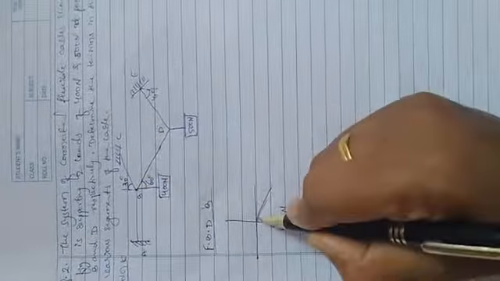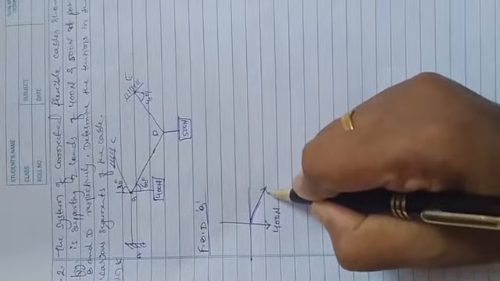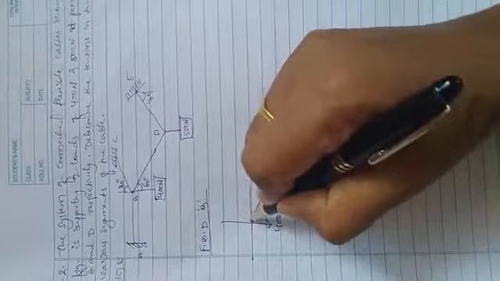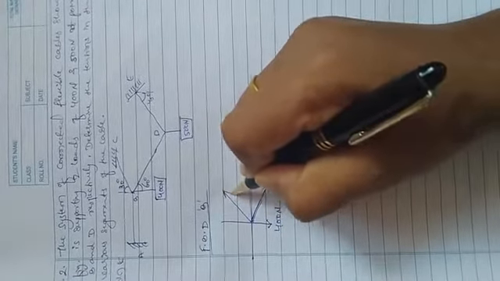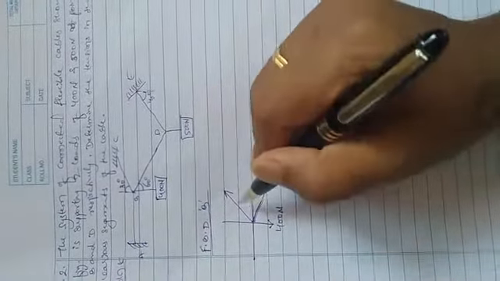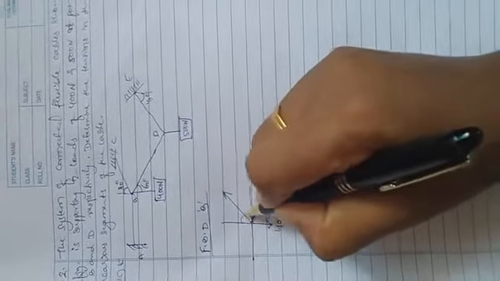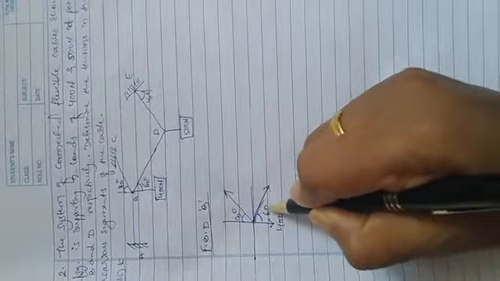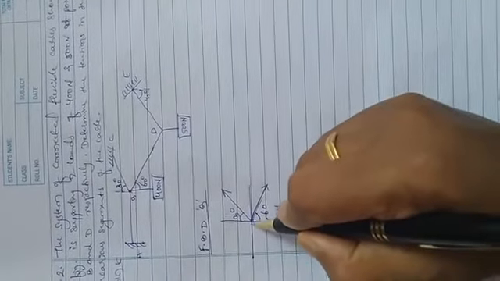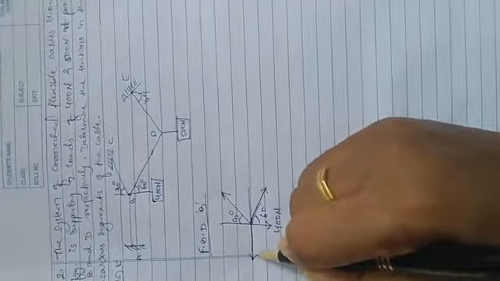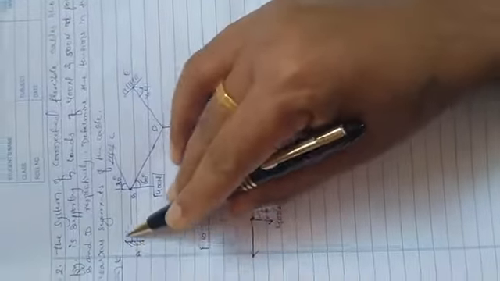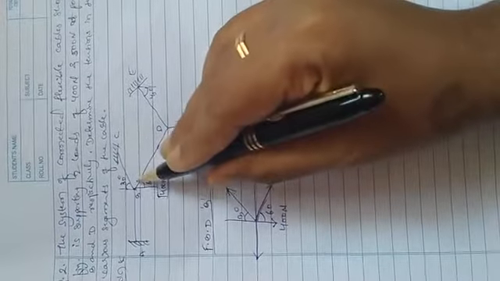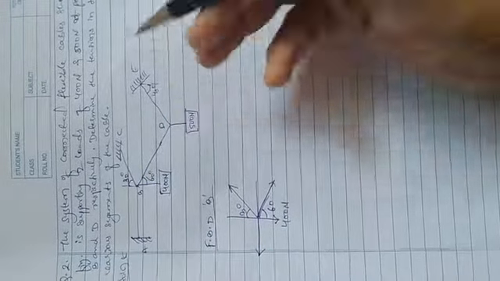In this portion, which is inclined, I will draw it here, and the force in this member we don't know. Again here we have one more member, and the force in this member is also not known, but this angle is given as 30, whereas this angle with respect to the vertical is given as 60. Here we have one more portion, and I have removed the fixed support, and the portion BD.